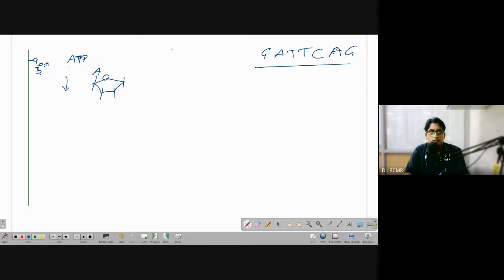And this is the 3' OH, right? And I'll put it here. This is the 5' side, CH2OH, and then we have the 3 phosphates. Okay, that is the simple way of representing ATP.